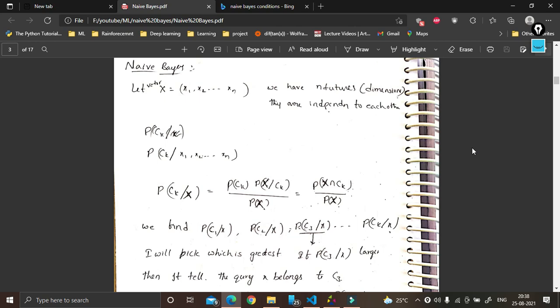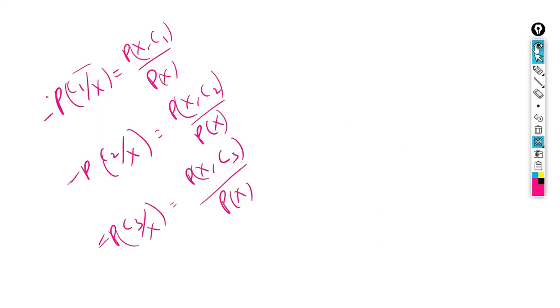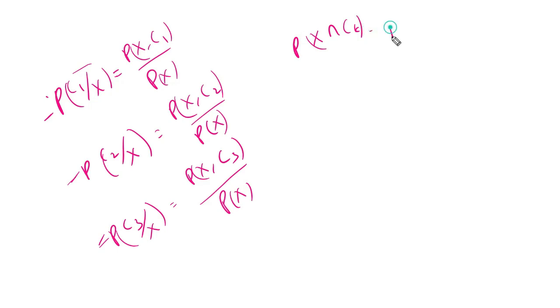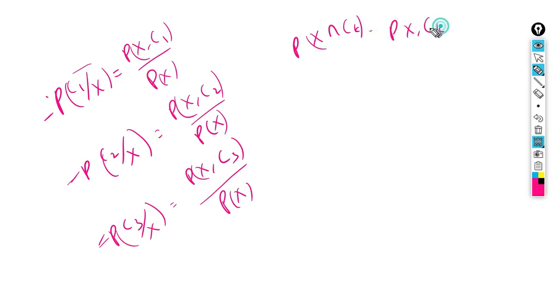For class 1, we know this represents probability of x intersection ck. We'll simply write probability of x comma ck. Similarly, we will write this one this way.